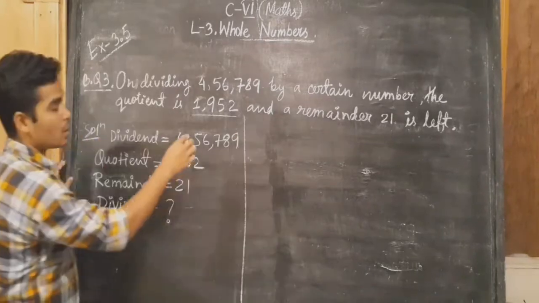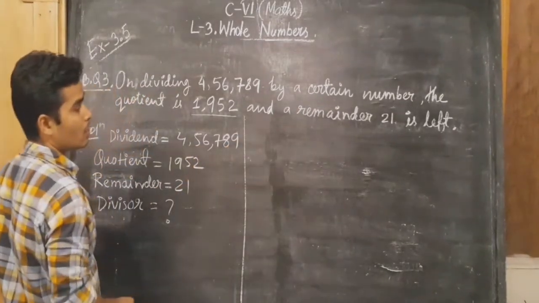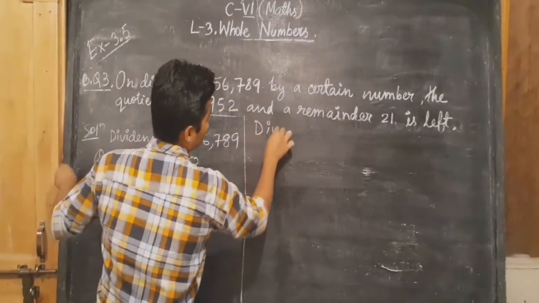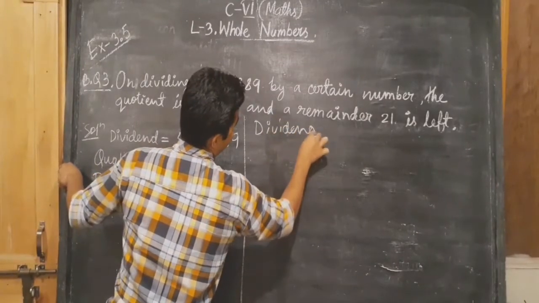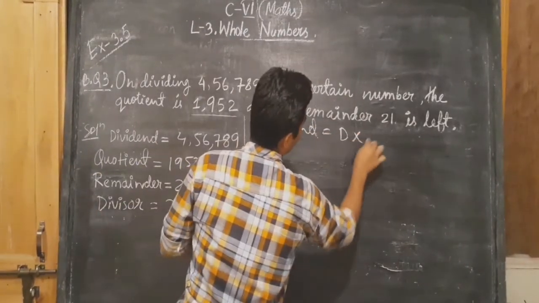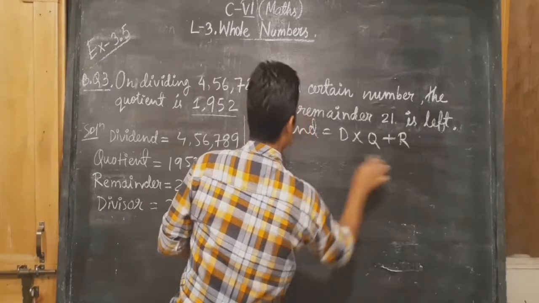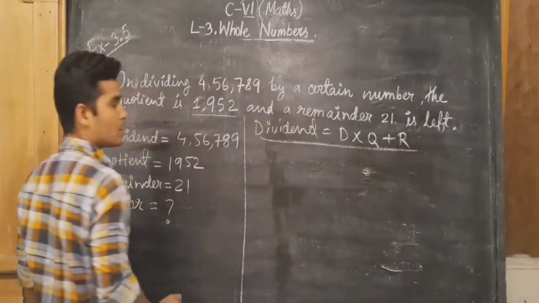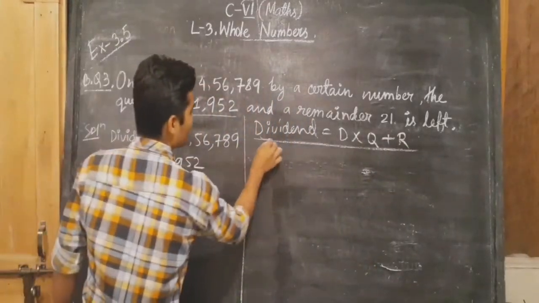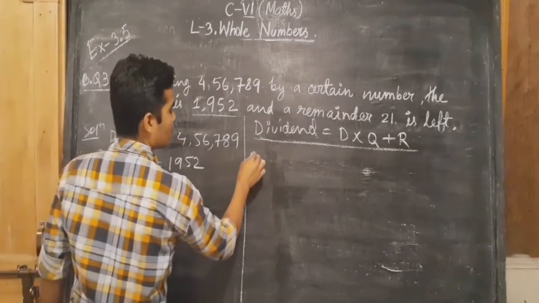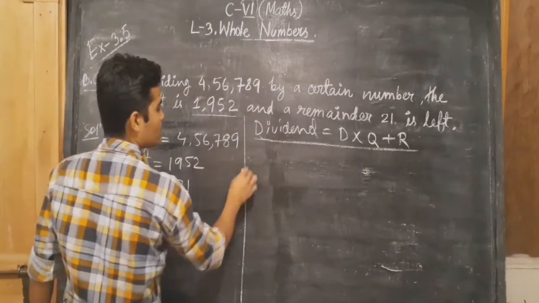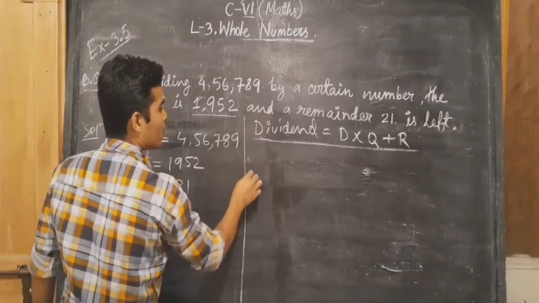So from division algorithm, which is dividend equal divisor into quotient plus remainder. From this division algorithm, we can make two more relations.